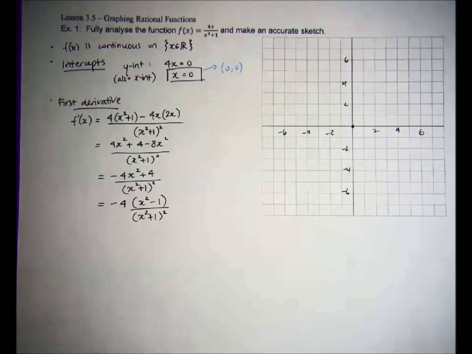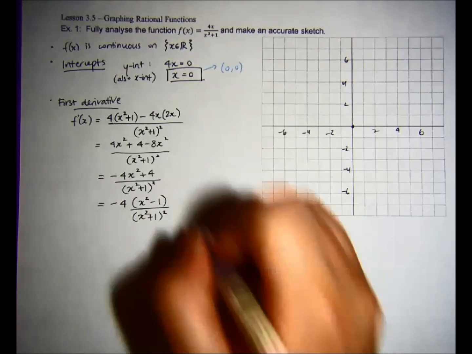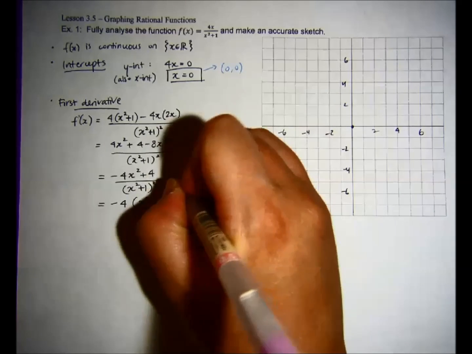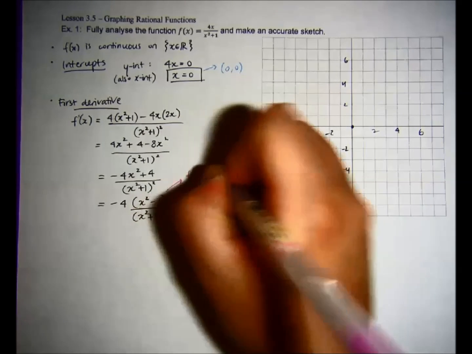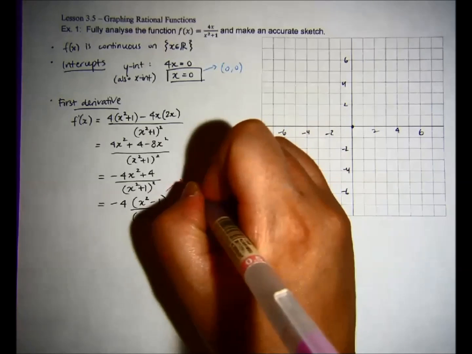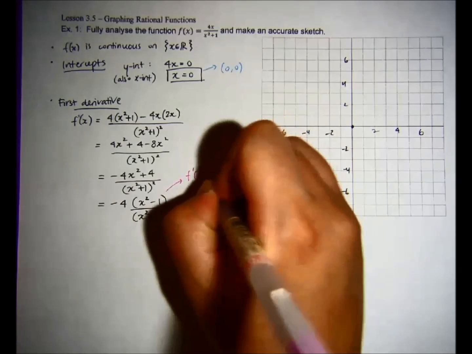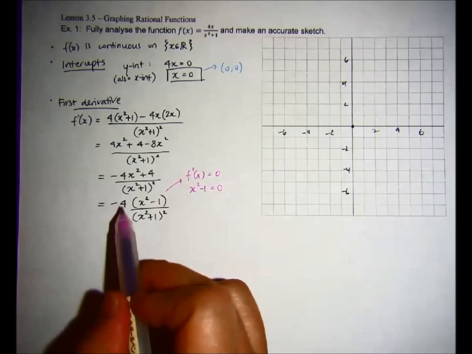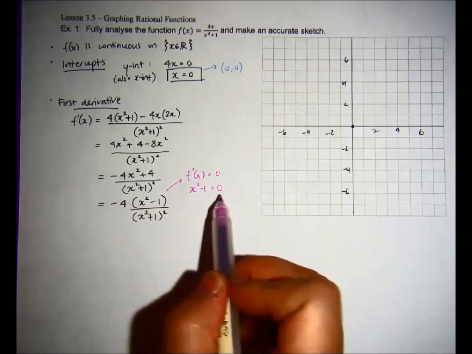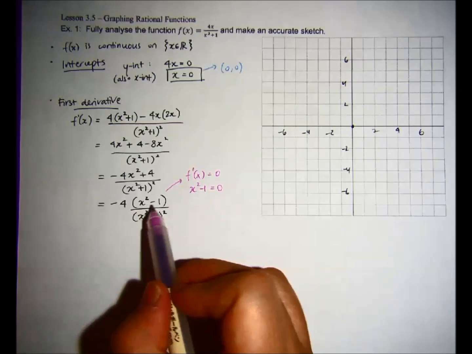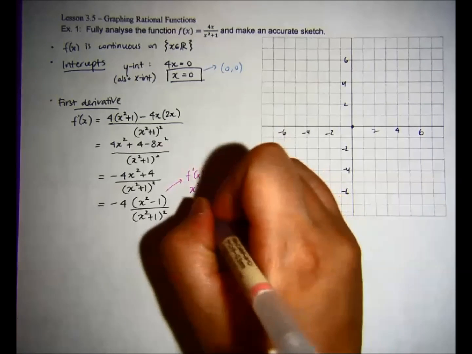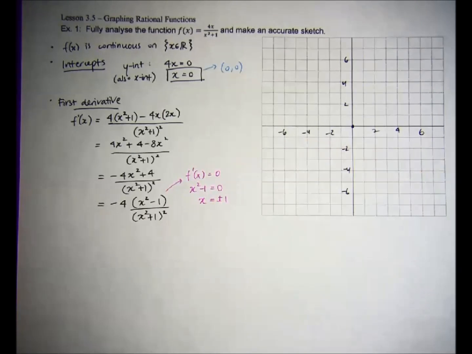At this point, I want to figure out where my critical points are, and the critical points are going to exist where f prime is equal to 0, which means that my numerator has to equal 0. So negative 4 is just a coefficient, so we don't have to include that in our equation. We just want to make sure x squared minus 1 equals 0, and then that means that x equals plus or minus 1.